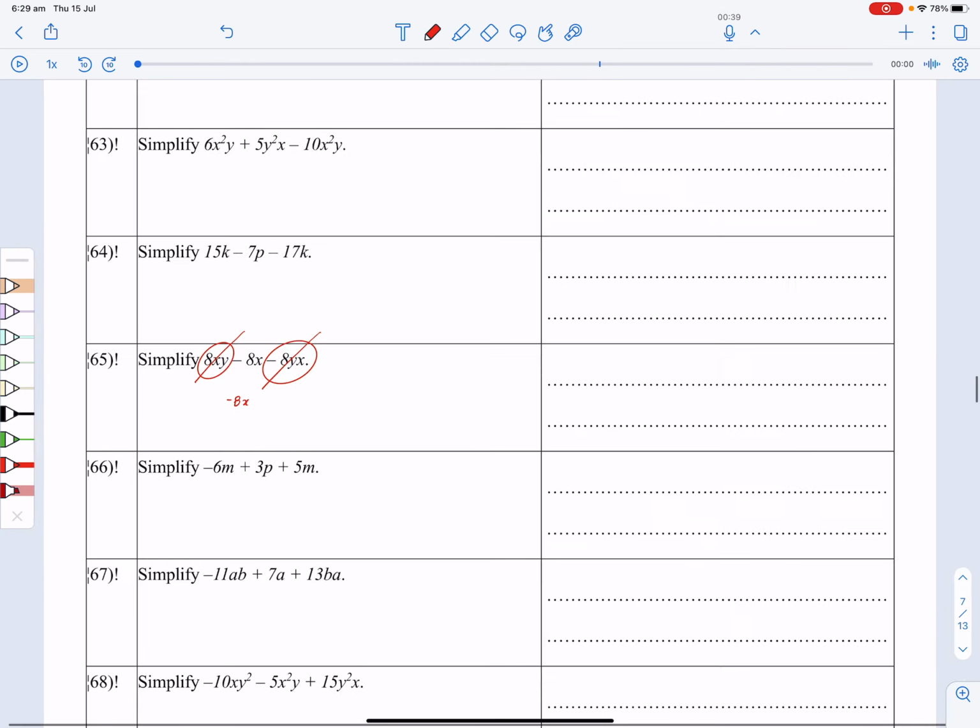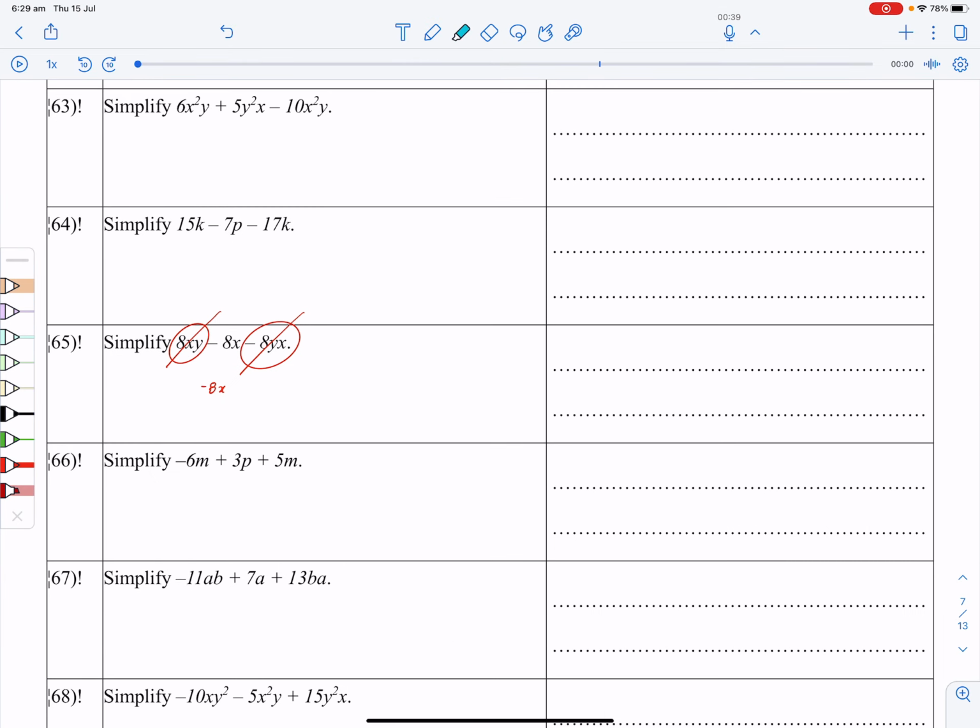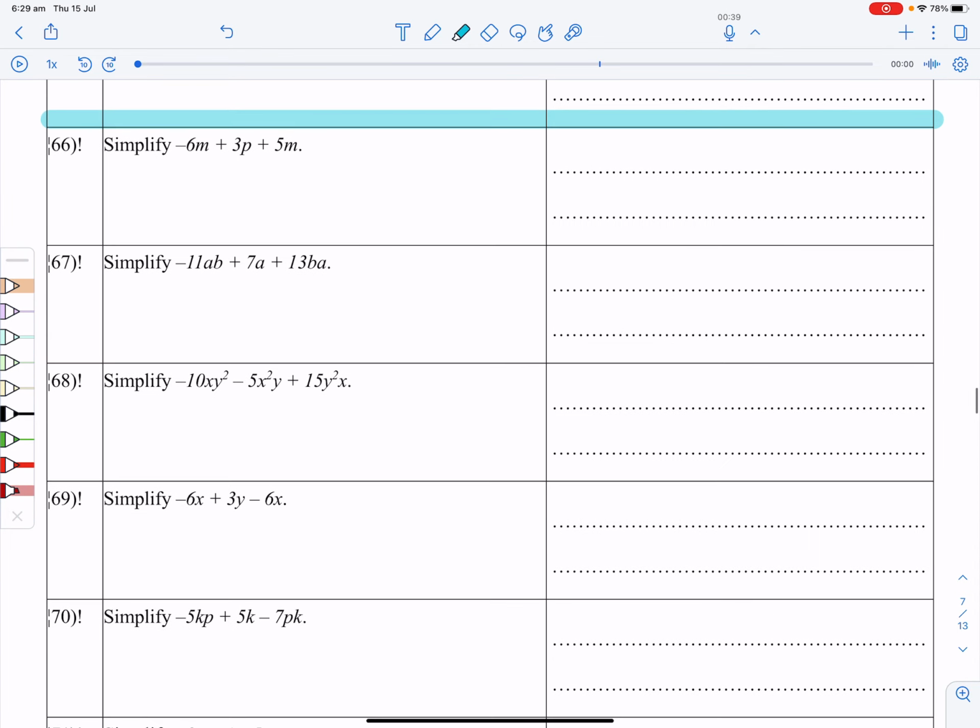Now, what I'm going to do is put a line across here. This is where I'm going to explain this very carefully, and I want you to please pay attention.